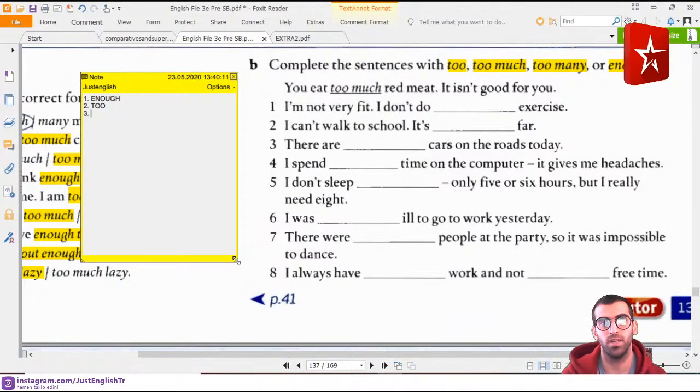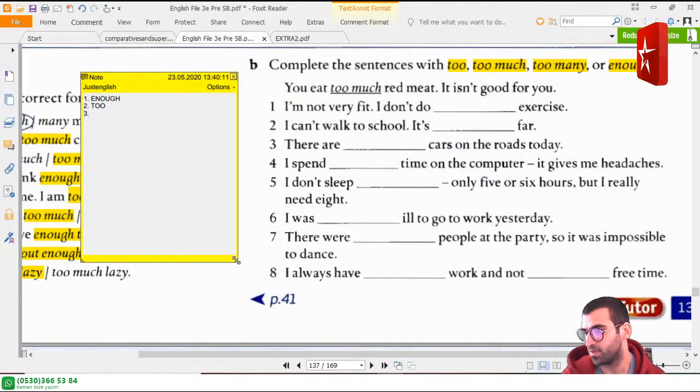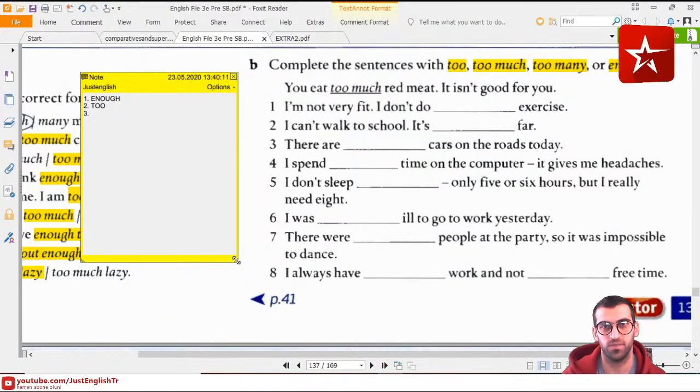There are blah blah blah cars on the roads today. Cars is a countable noun, plural, and we have to use what? I am looking forward to getting answers for number 3.